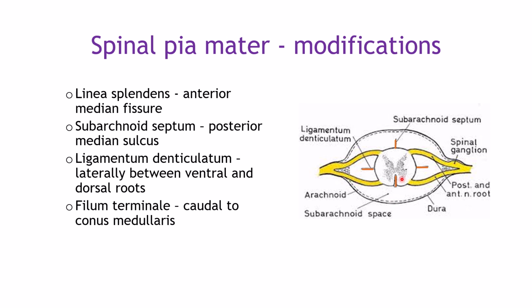You see the thickening of the pia mater in relation with the anterior median fissure, the linea splendens, and in relation with the posterior median septum there is the subarachnoid septum, another modification of pia mater. Laterally you see the paired ligamenta denticulata passing between the ventral and dorsal roots. The linea splendens in the anterior median fissure also contains the anterior spinal artery.